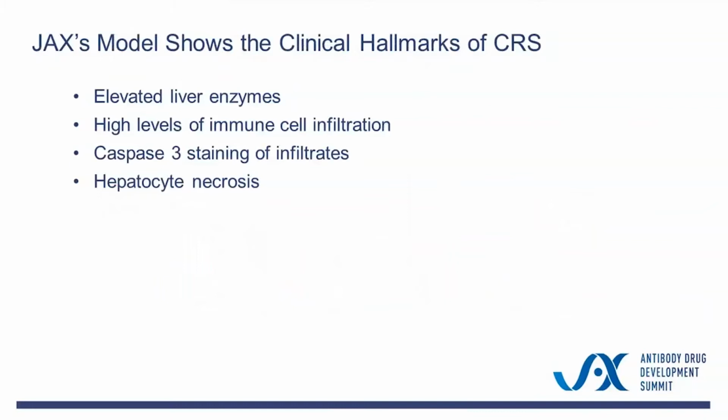So our model, we believe, shows the clinical hallmarks of CRS. It captures a large number of them. We're able to see liver enzyme levels go up. We can see changes in immune cell infiltration. We see caspase-3, or cells going through apoptosis, in infiltrates, and we can see hepatocyte necrosis occurring as well.